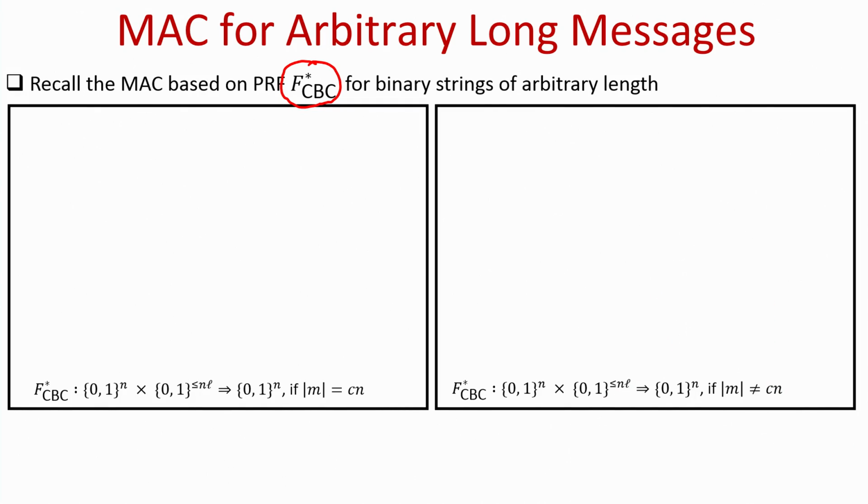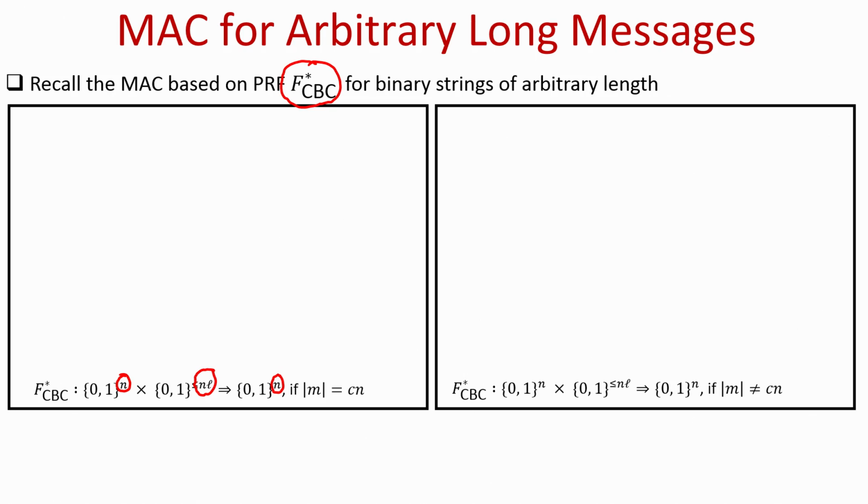It takes an input which is a key of size n bits, and the actual input on which the PRF needs to be evaluated, which can be a bit string of length up to n times L bits, and it gives you a fixed output of size little n bits.